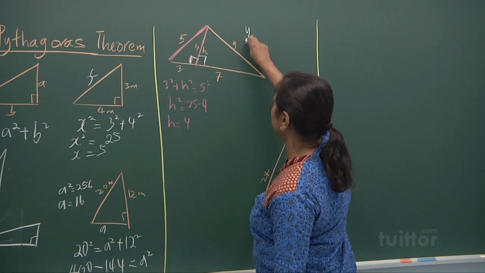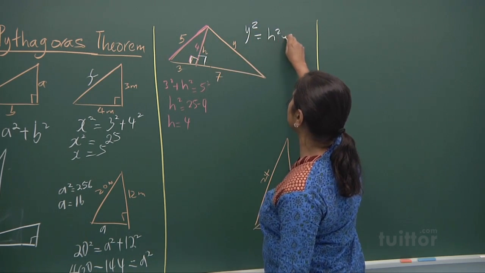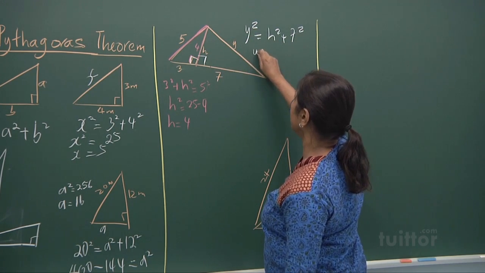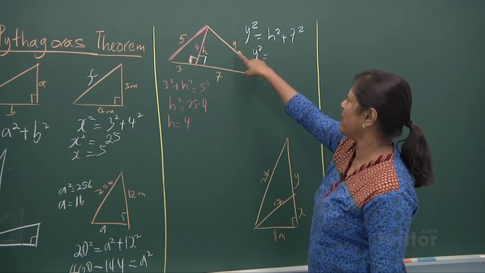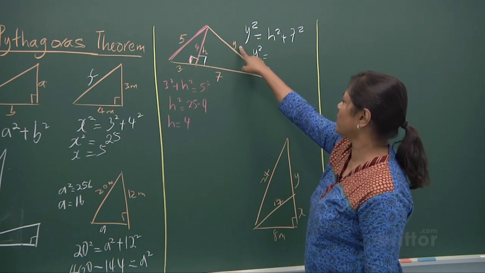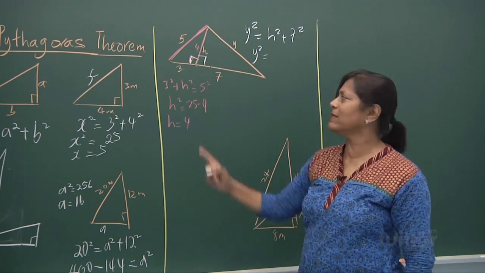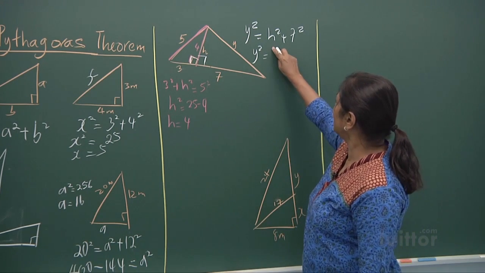Your y squared is going to be h squared plus 7 squared. That's the hypotenuse facing the 90 degrees. Right, so look at it.